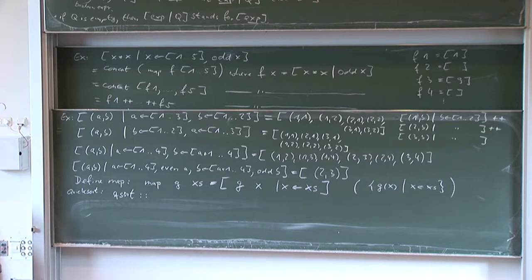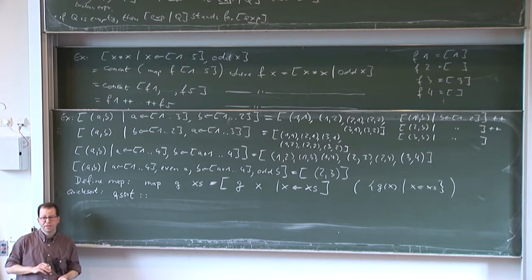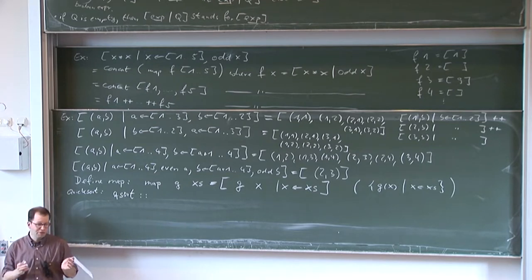Well, let's make it as general as possible, and then quicksort cannot only sort lists of integers, or lists of characters, or lists of floating point numbers. It can sort the list of anything where you have a greater relation. I mean, that's what we want to do. We want to make sure that an element comes before another element if this first element is smaller than the other element.